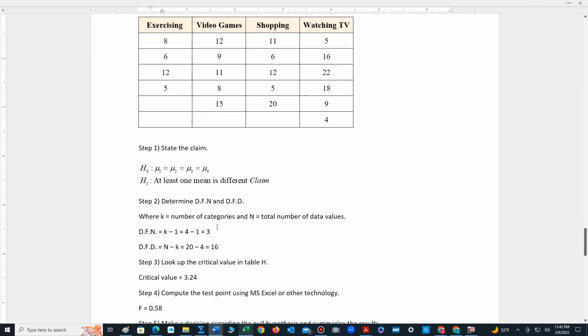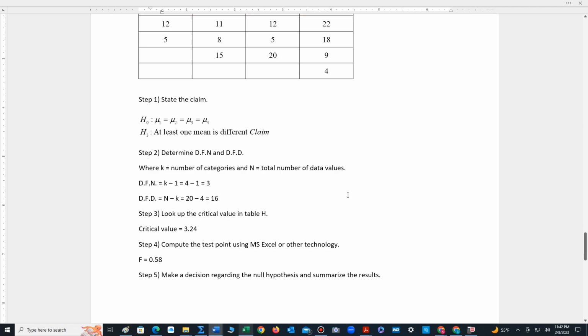So once again, the claim is that H sub 1 is at least one mean is different. That's our claim. H naught will be that we have 4 means that are the same because there's 4 categories. We have to calculate degrees of freedom of the numerator. That's K minus 1. 4 categories minus 1 is 3. Degrees of freedom of the denominator. Uppercase N is the total number of data values.